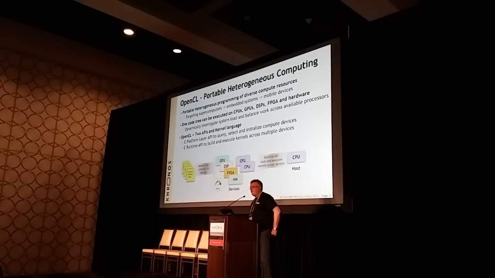You can interrogate the system to find out what processors you have, and it can be CPUs, GPUs, DSPs, even hardware blocks and FPGAs. And then you can compile small kernel programs that are written either in C or C++, distribute those kernels and execute them on your available compute resources, and then gather back the results.